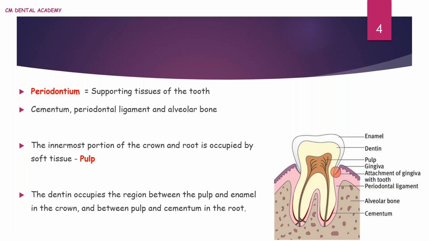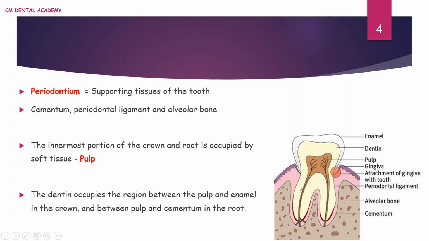You can see here the outermost covering, which appears white in color, is the enamel. After enamel comes a layer of dentine, and the innermost portion is the pulp. It is a soft tissue component. This forms the crown of the tooth. In case of the root, the outermost covering is the cementum.